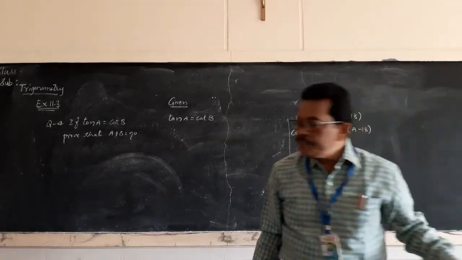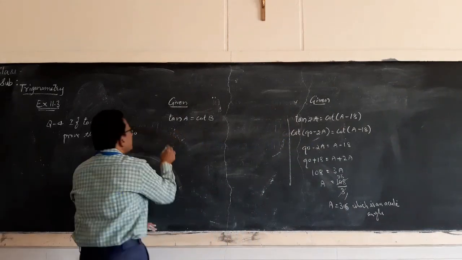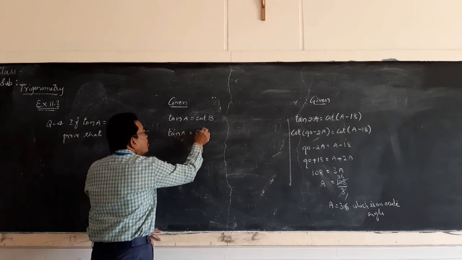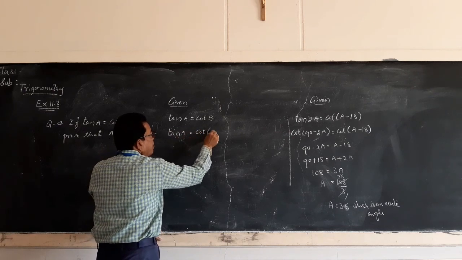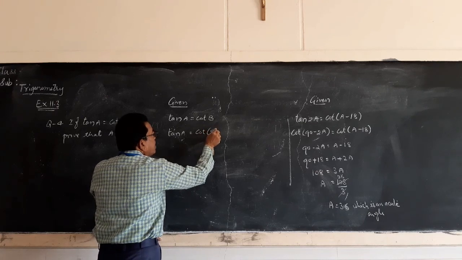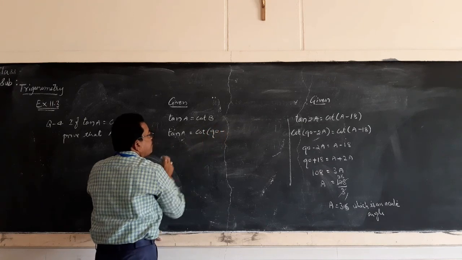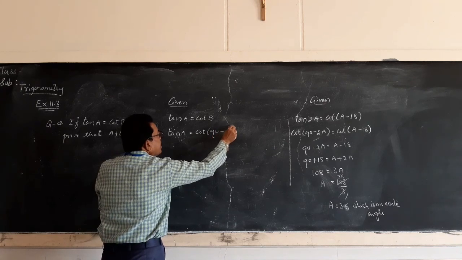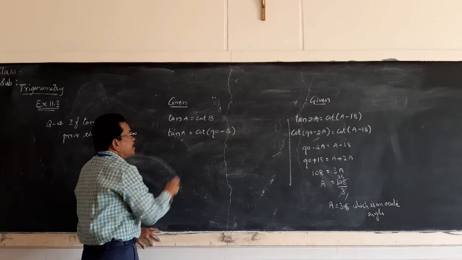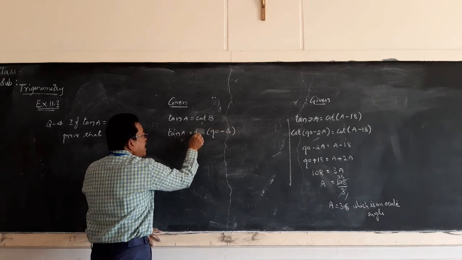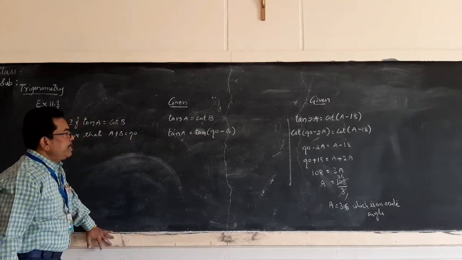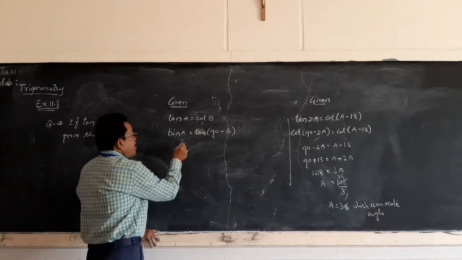Okay. Now tan A equals cot B. Cot B can be written as tan of 90 minus B. Let us compare.